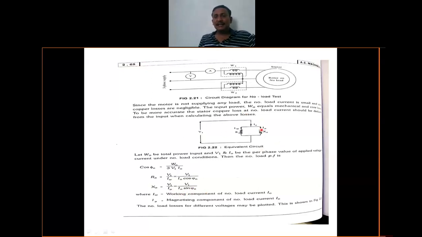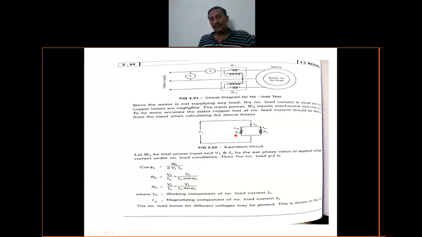This is the no load equivalent circuit diagram. We apply the input voltage V1, and a no load current I naught flows. One component supplies the core losses.